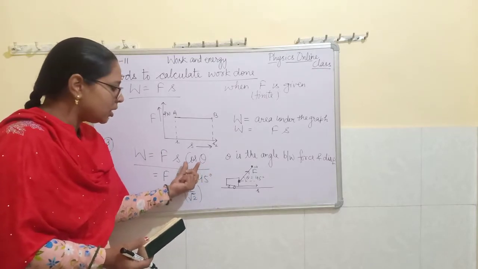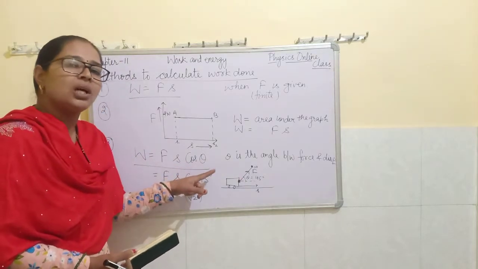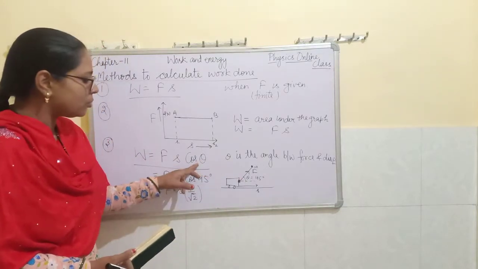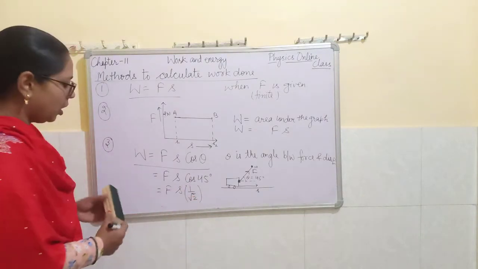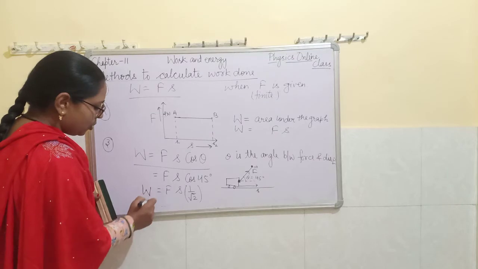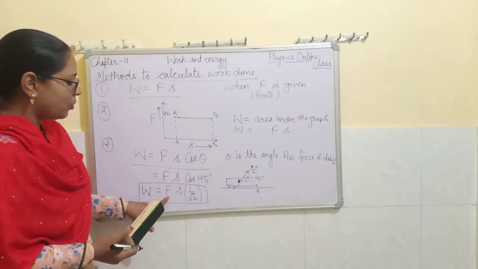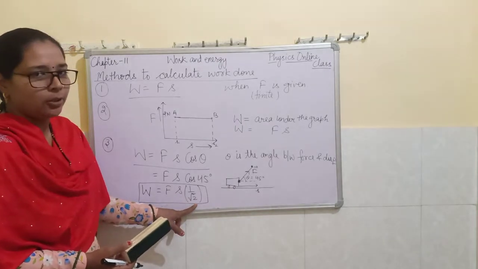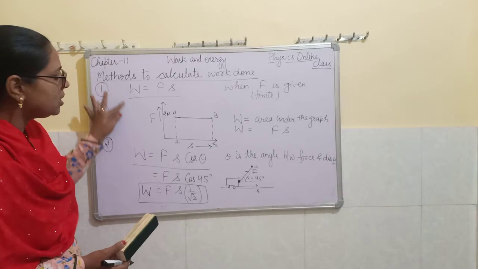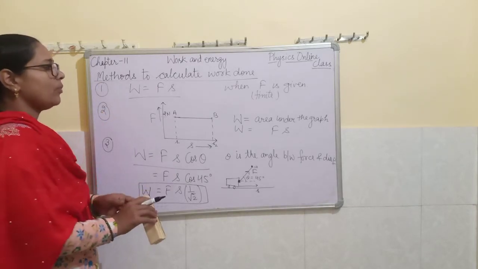If any question related to an angle is given to you, the value of that cos theta will be provided. So you have to just place the value, do the multiplication and solve your numerical. So work done will be calculated like this. Work done is force, displacement and cosine of the given angle. So these are the three simple methods to calculate work done.